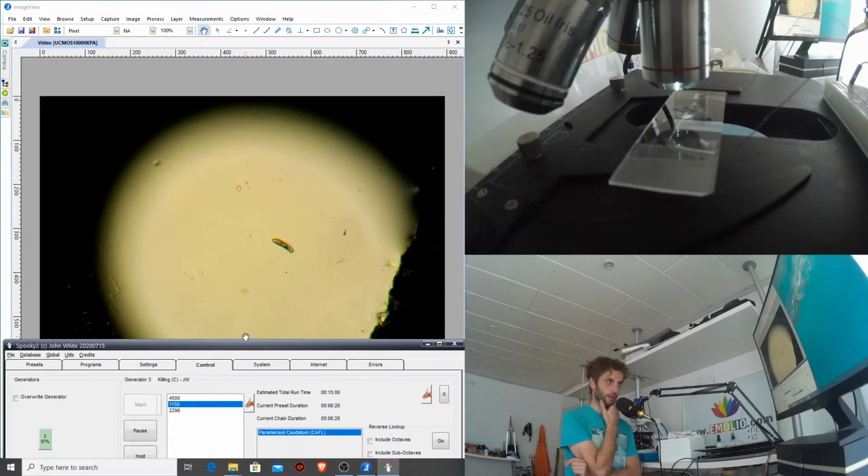Alright, so we are now at the half of the program. So there are some changes that are happening. So we can say that the Spooky 2 generator does something.